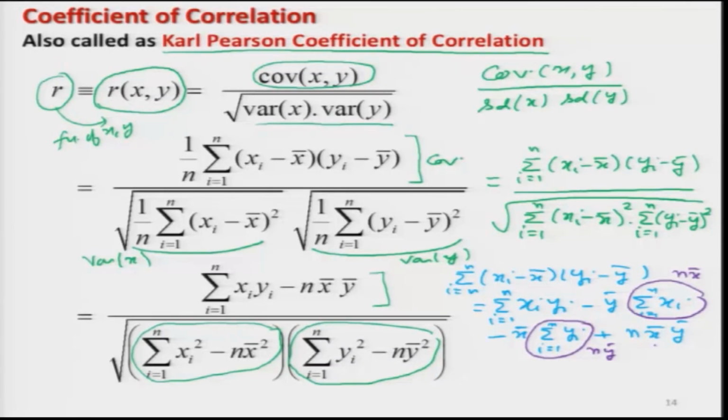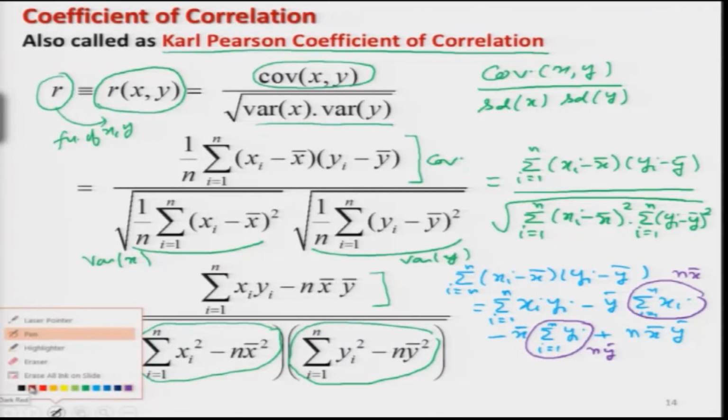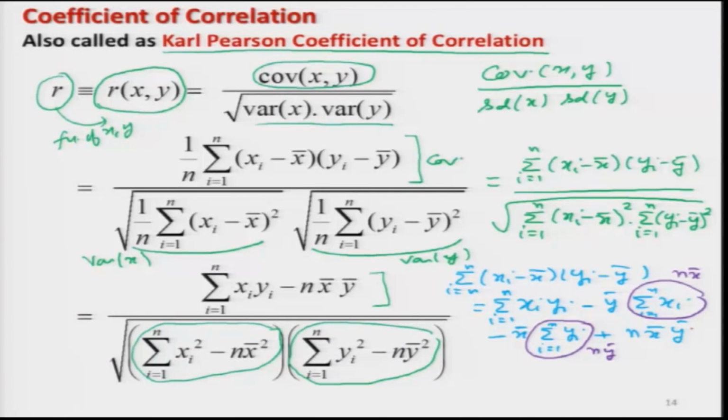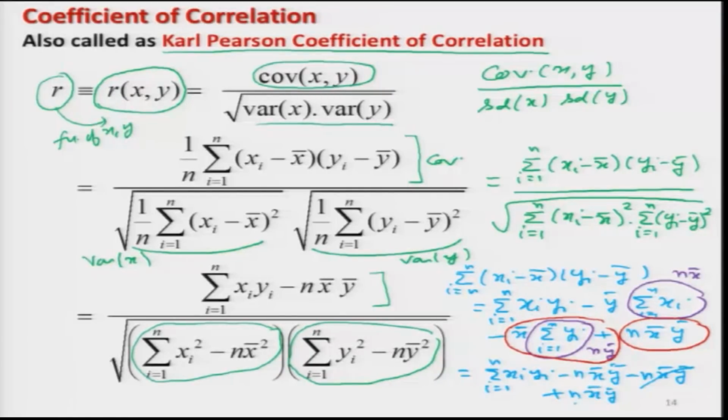So, these factors get cancelled out, and I can write the summation xi yi, i goes from 1 to n, minus n times x bar y bar, minus n times x bar y bar, plus n times x bar y bar. So, this and this get cancelled out, and we get the same quantity that we obtained here. This is the same quantity.